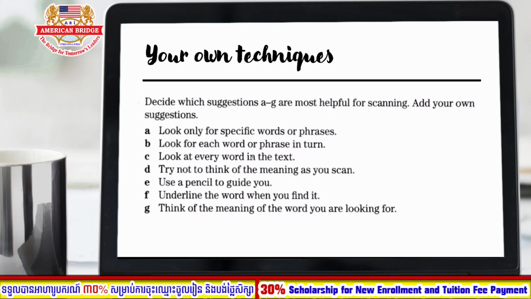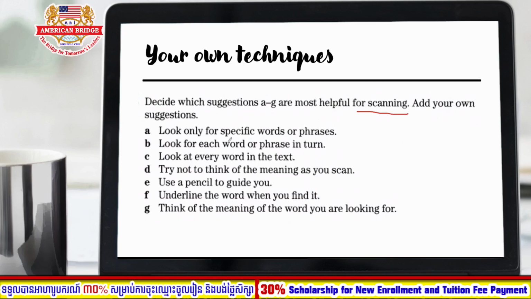Alright, so here are the techniques for you to improve your scanning skill. For those techniques, you can use all of them, or you can pick one that is really beneficial for you. These are just techniques that you can apply in scanning to do some of the exercises. The first technique is A, look only for specific words or phrases.